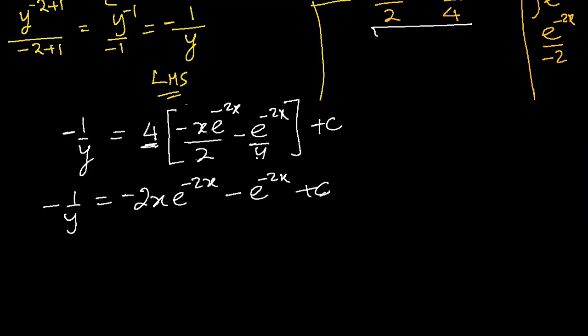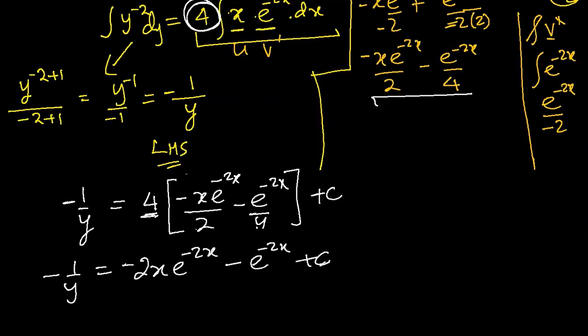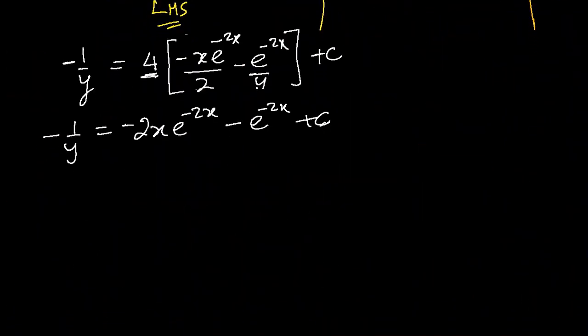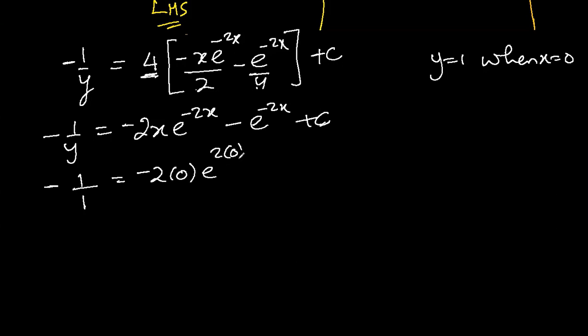So we were given a situation, let me see again, y equal to 1 when x is equal to 0. That's what we will substitute here. Minus 1 over 1 equal to minus 2 times 0 e to the power minus 2 times 0 minus e to the power minus 2 times 0 plus c.